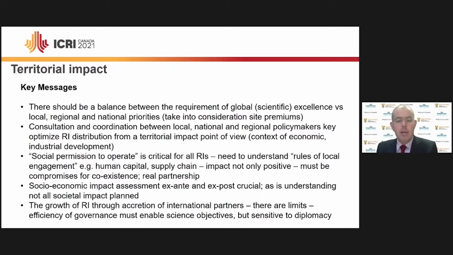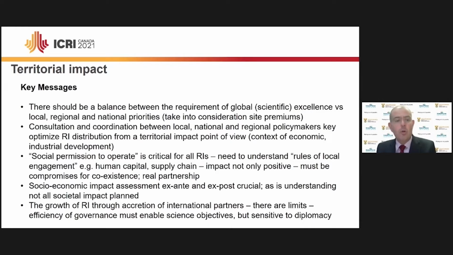And in this context, the important point was made that when we speak in this session, and thus far I've spoken almost exclusively about the positive impact of research infrastructure. But of course, they're not only positive. They can also call, for example, for sacrifice, for those communities located close to radio astronomy facilities, which have to have radio quiet zones.